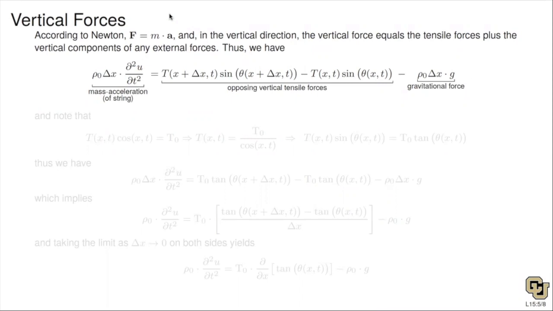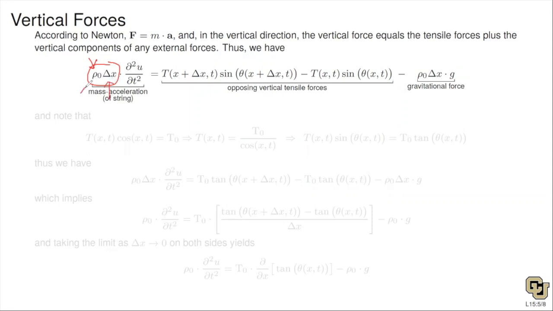So here we go. We're using the formula force equals mass times acceleration, and we want to balance the forces in the vertical direction. On the left-hand side, this is mass: the linear density, which is mass per length, times the length.